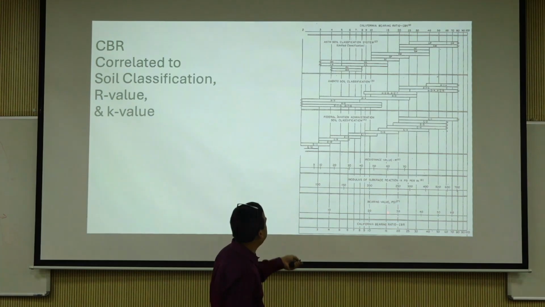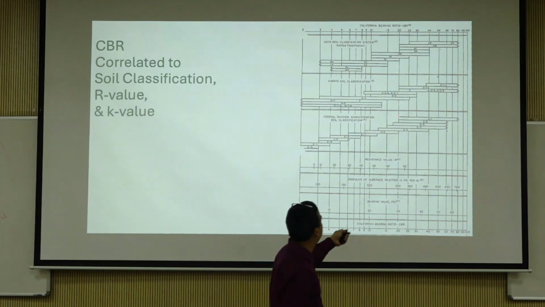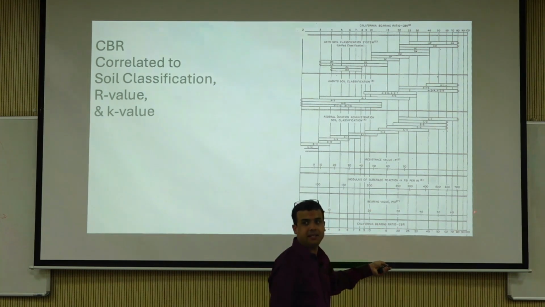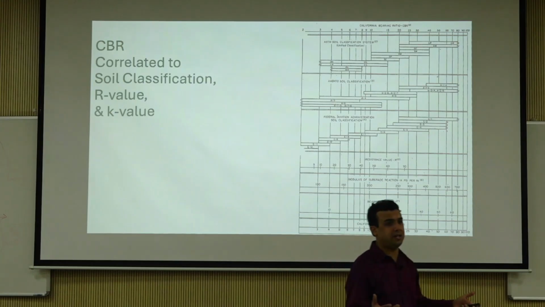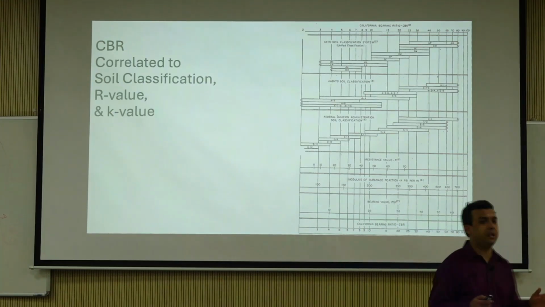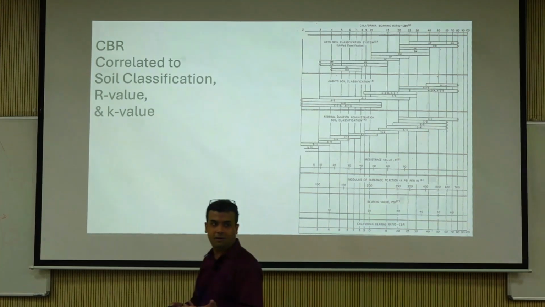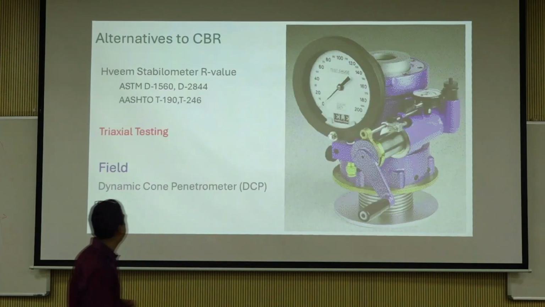The CBR can go anywhere between 4 to 15 or something like that. If you go into an A2-4, A2-5 soil, it's 20 all the way to probably 80 and 90. So it's a huge variation. So it's not a fundamental property. It is not something that we should bet our money on. So it's just background.